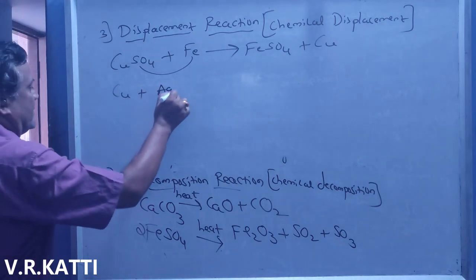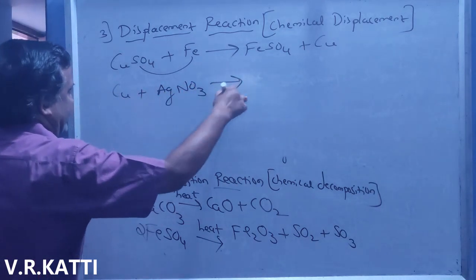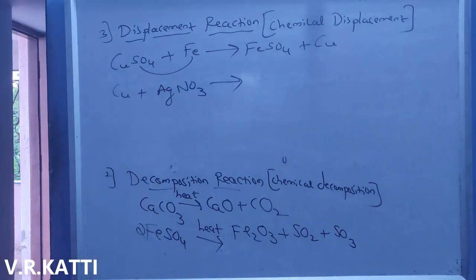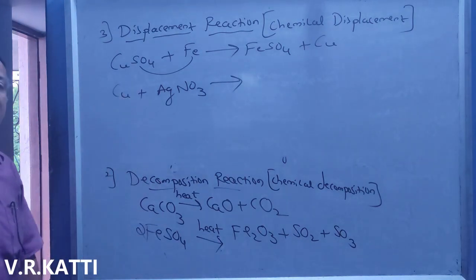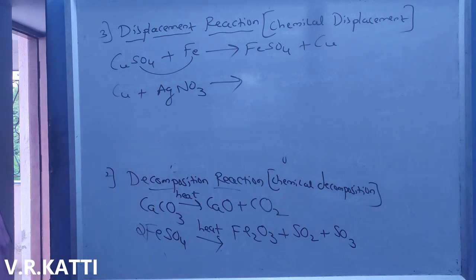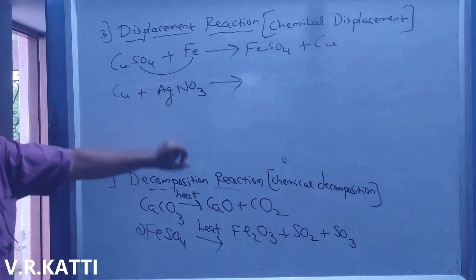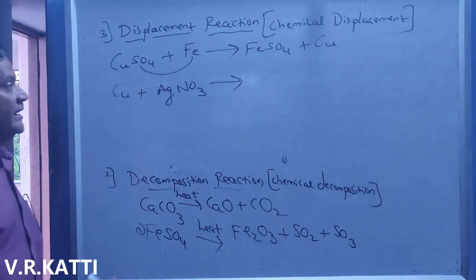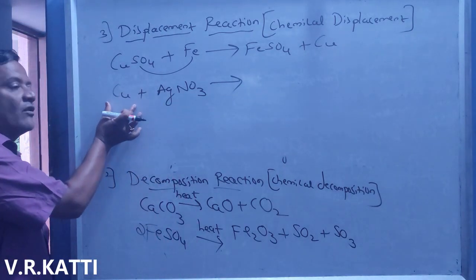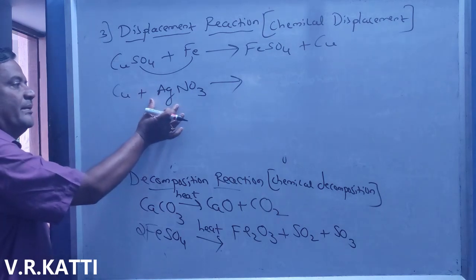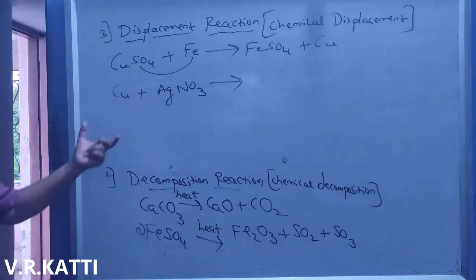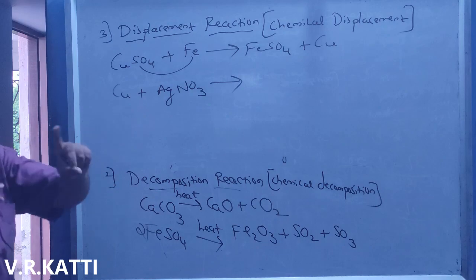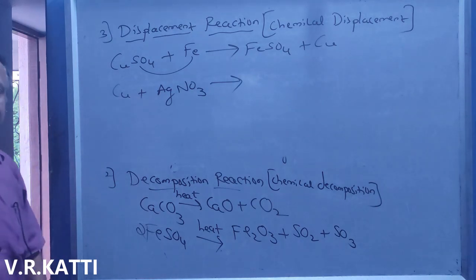Copper plus silver nitrate. So here silver nitrate is a compound. In this, silver is displaced by copper. In place of silver, you have to write copper, because silver is displaced by copper.